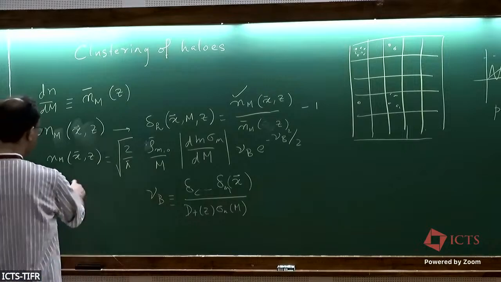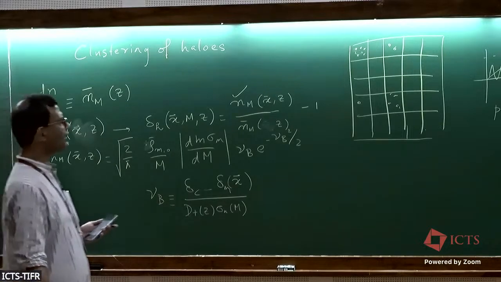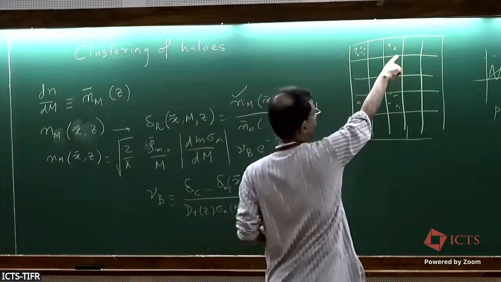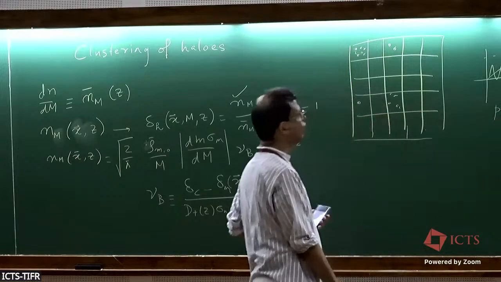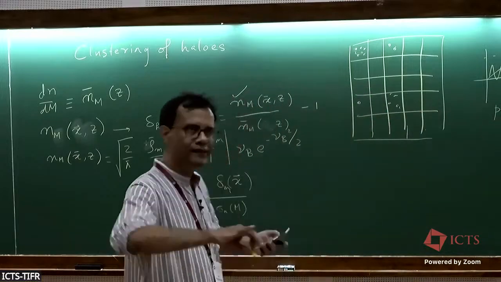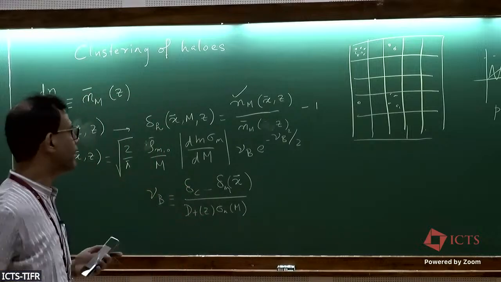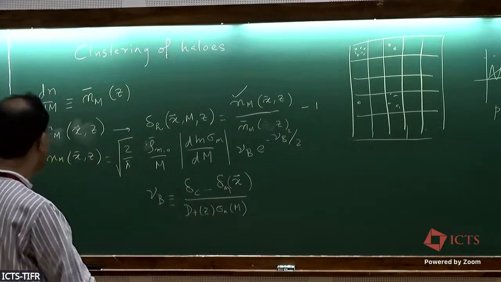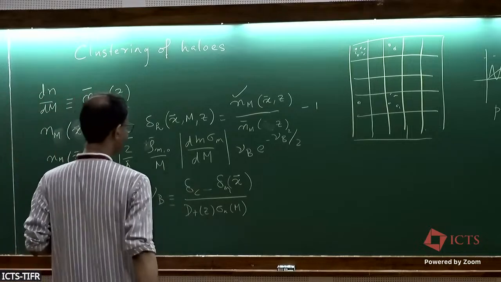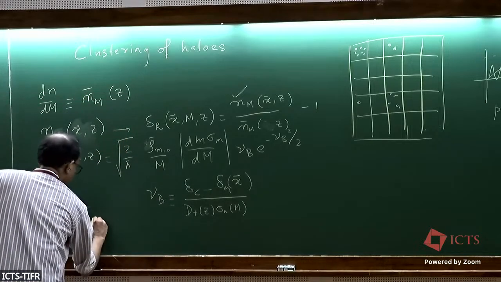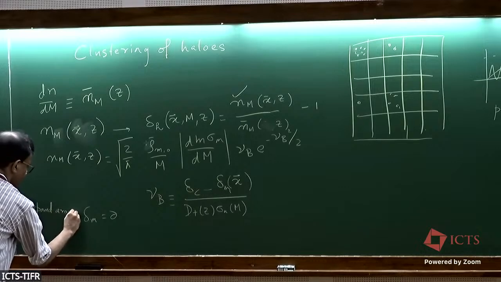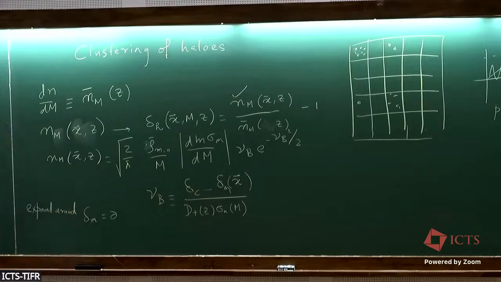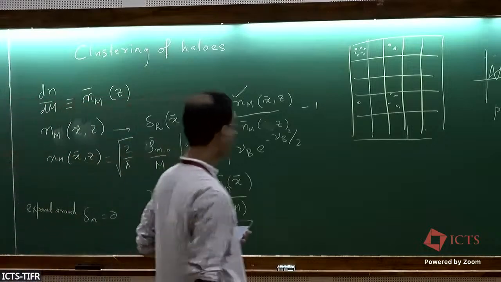Now, suppose we want to simplify this. As I said, we basically made sure that these things are determined by the long wavelength modes, and hence at large scales, typically the density fluctuations are small. So what we can do is a Taylor series expansion around delta m equal to 0. So let us do that.